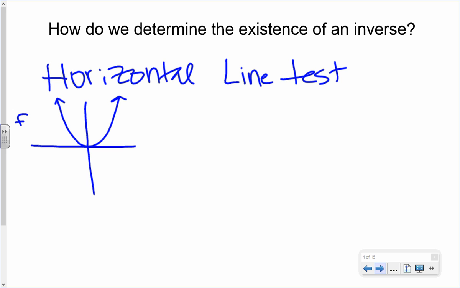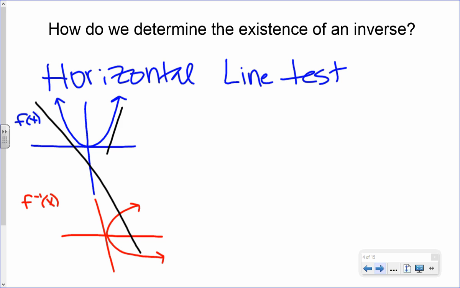If this is a function, if we reflect this about y equals x, we would get this graph. Is that a function? It's not. And our inverse has to be a function, which is why the inverse doesn't exist over here. This doesn't pass the horizontal line test, so it does not have an inverse.